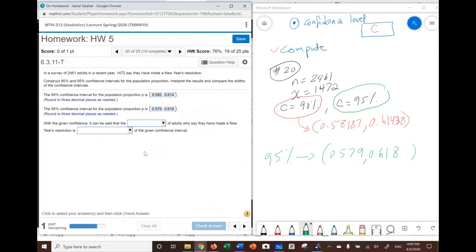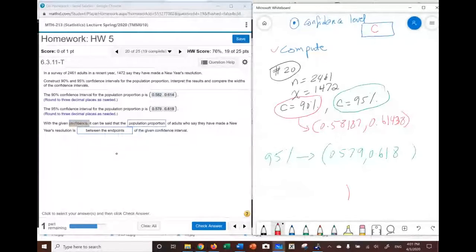Now, the question that follows will be, with the given confidence, it can be said that, now remember, anytime we talk about, we are not talking about the sample, we're talking about population. So it can be said that population proportion, not sample proportion, of adults who say they have made a New Year's resolution is, usually the interval always gives you, between the endpoints.